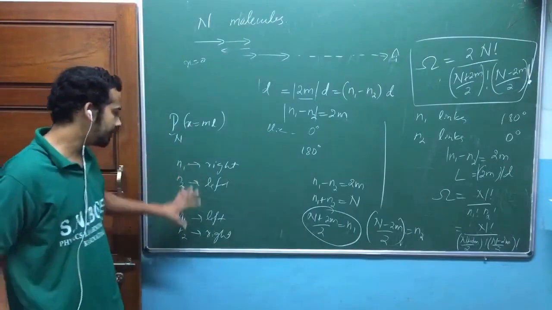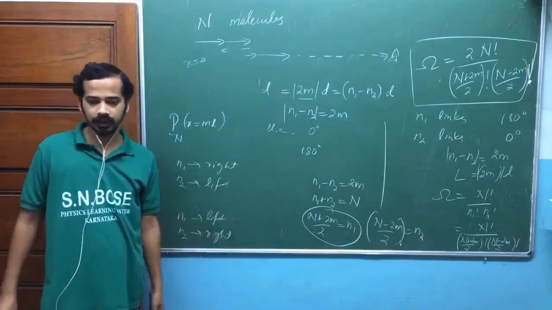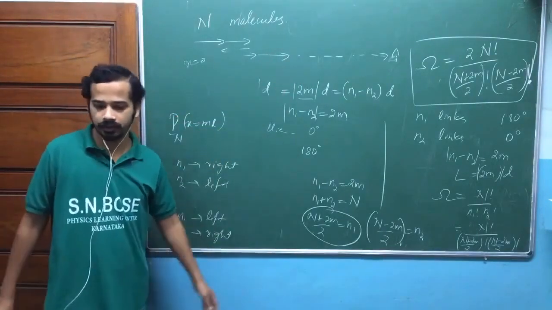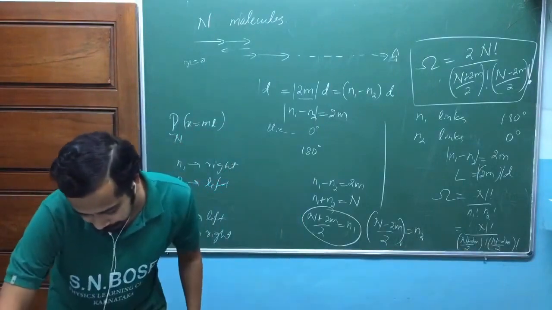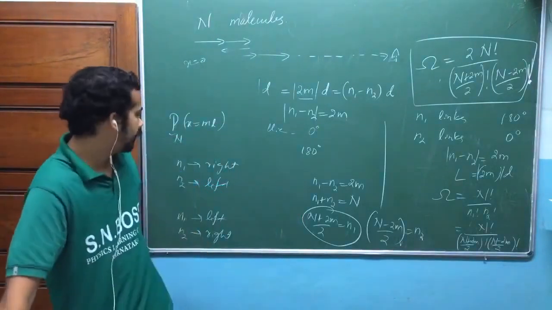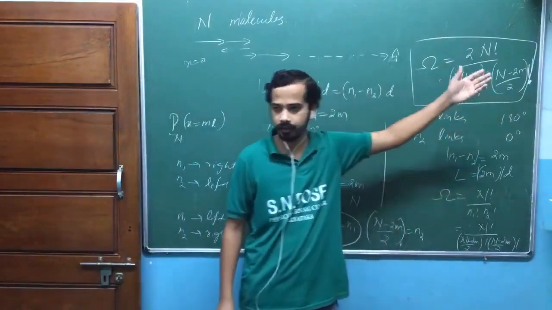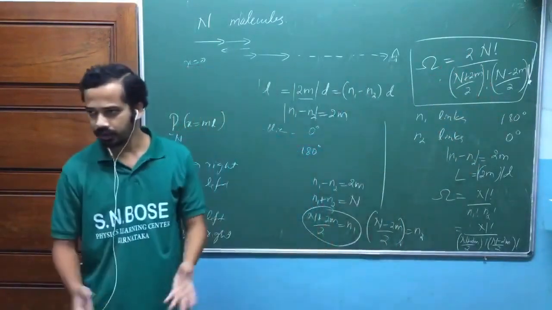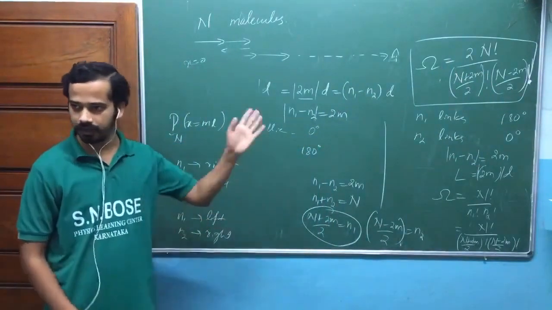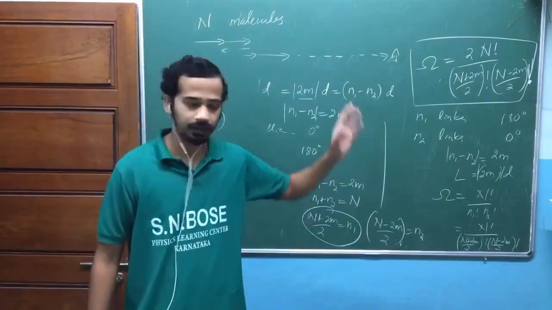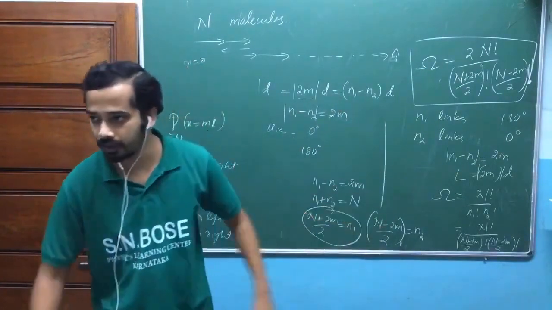But we need to add these two numbers of possible ways in the case of total length, because length is a scalar quantity. So sign doesn't matter for us. Try to grasp this. That's a good question, because in the exam they may give one option without factor 2 and one option with factor 2, isn't it? Then obviously you may get confused. That's why you had better clarify why that factor 2 came here, and why that factor was not there in our random walk problem.